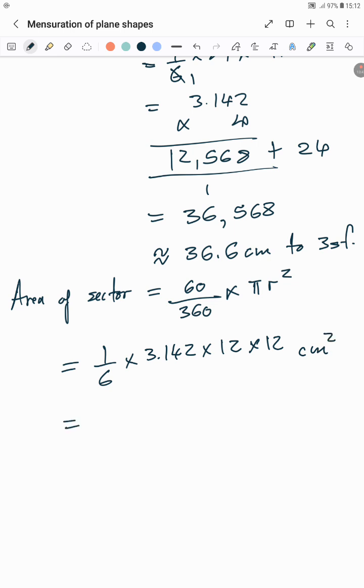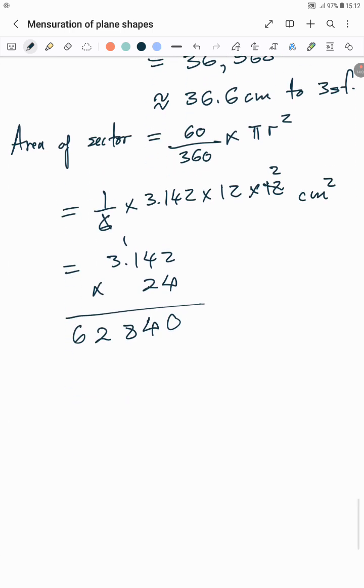So here we say 6 into 6, 1. 6 into 12, that's 2. 2 times 12 times 12, that's 24. And then we say 3.142 times 24. This is 0. That's 4, 8, 2, 6. And here you say 8, 16.